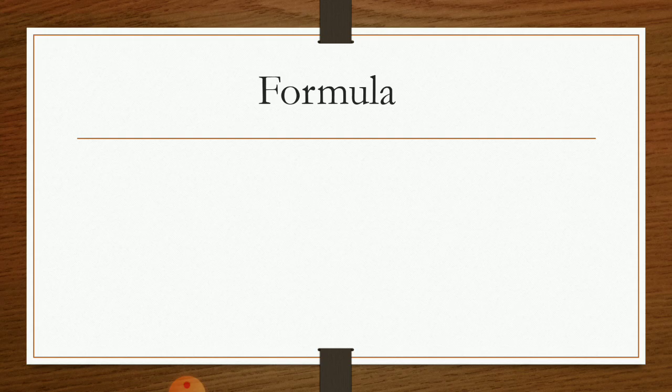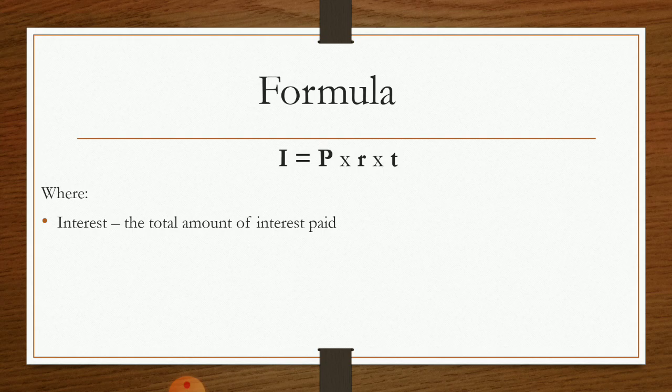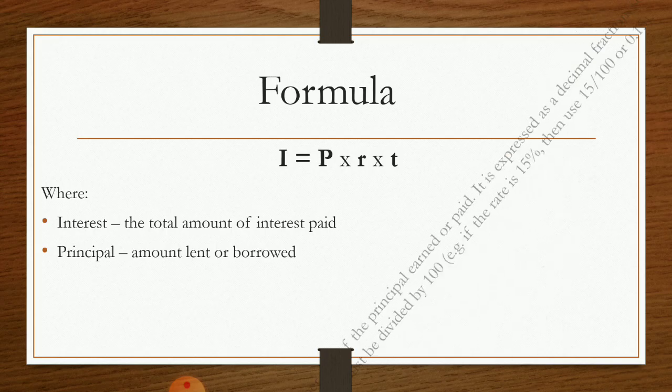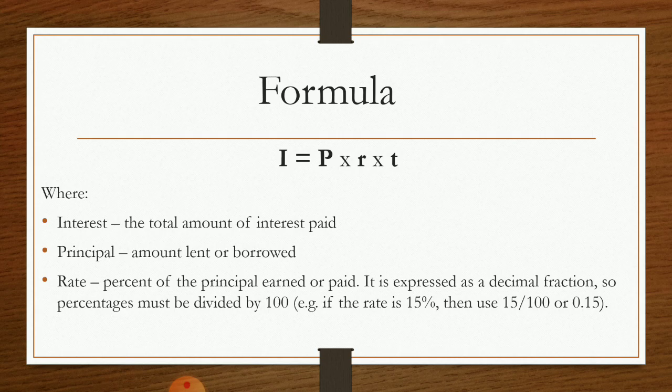The formula for simple interest is I is equal to P times R times T, where I is the interest or the total amount of interest paid, P is the principal or the amount lent or borrowed, R is the rate or the percent of the principal earned or paid.